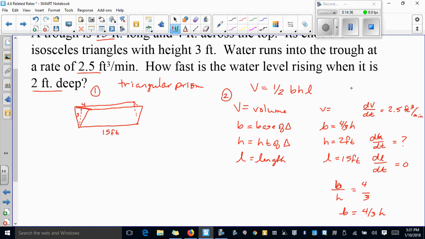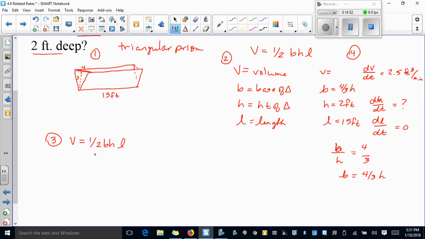B is not a constant, 1/2 is. Base is not a constant, but we are going to put it in as 4/3 h. H is not a constant, and L is 15. We put it in now, because otherwise we'll have to use product rule, and it's a much longer process. It's one of those, if you can get it down to one variable, you're better off for it.